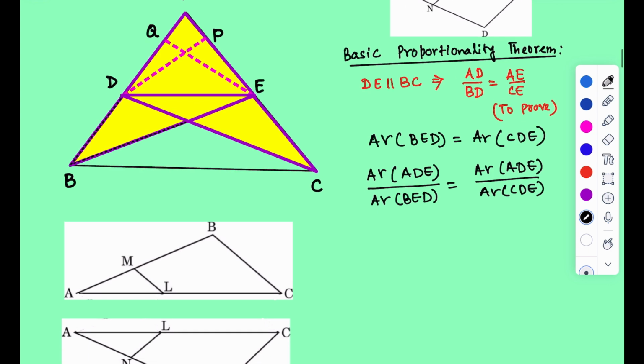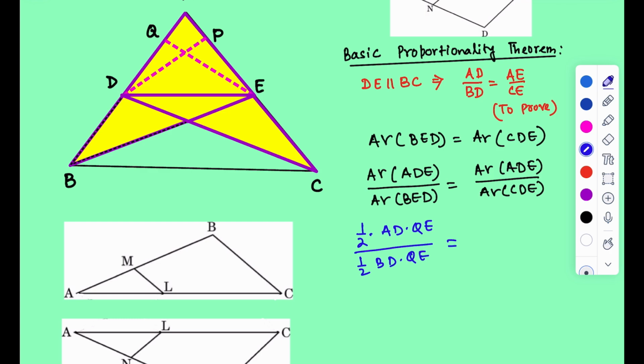Now, area of ADE, just put the values. Area of ADE we can write as half into AD into QE, divided by area of BDE. Area of BDE will be equal to half BD into QE.